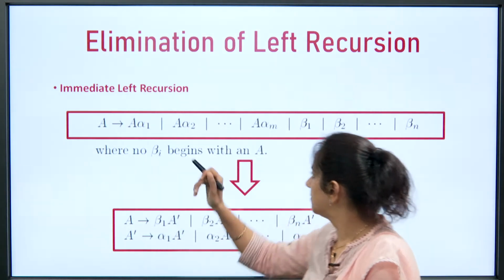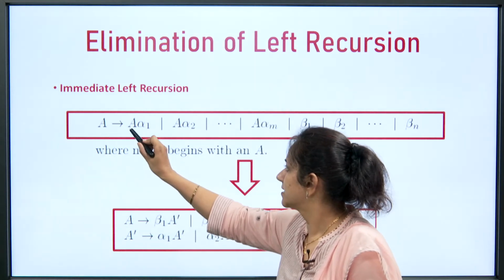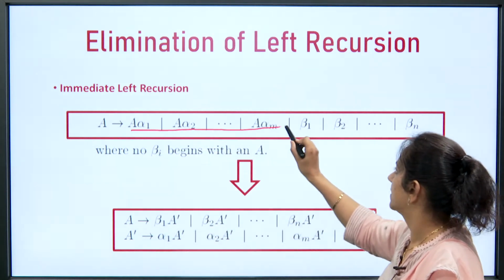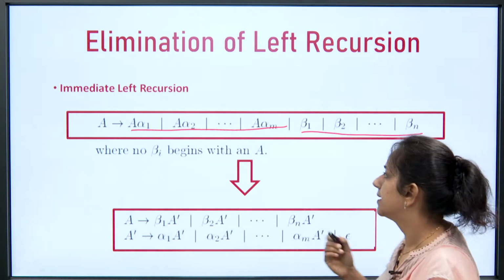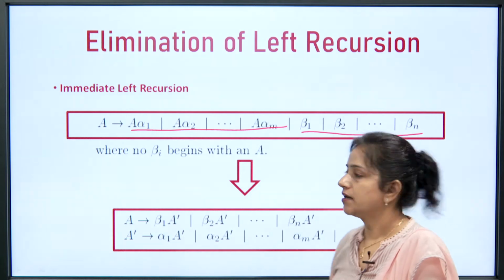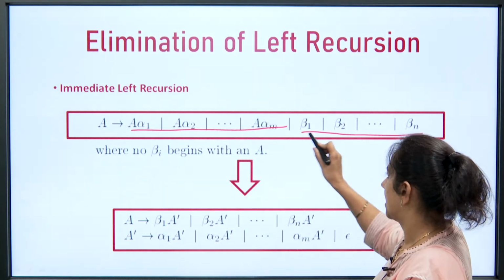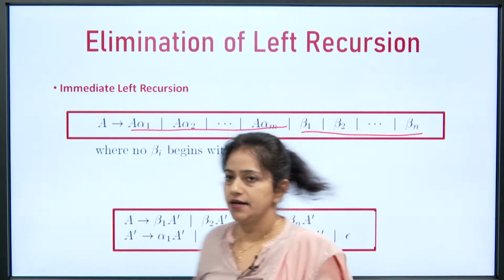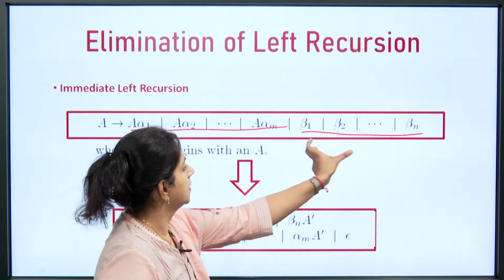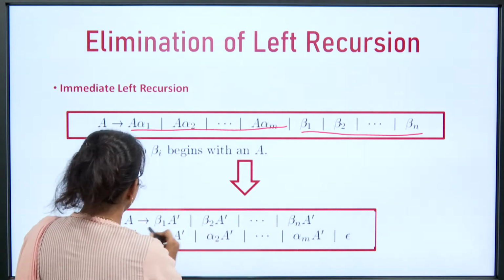Now, a production can be of this shape also, where the A production has certain alternates that begin with capital A, and certain alternates that do not begin with capital A, where no beta i begins with capital A. Now we will look at the alternates. First, we take the alternates that are not beginning with capital A, and rewrite the grammar.